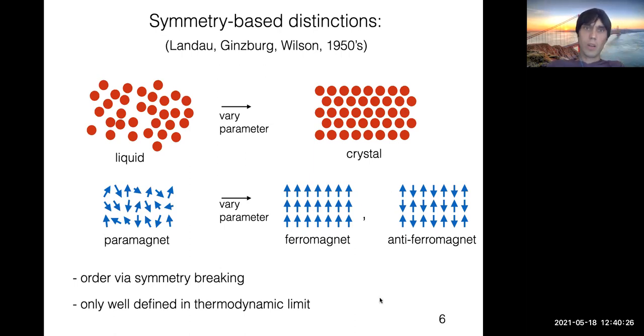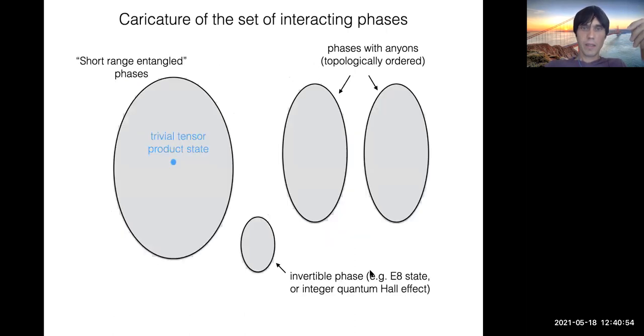So this idea of spontaneous symmetry breaking, classifying phases by the degree of symmetry that they break, was one of the original ideas of classifying phases of matter. It gives an invariant that you can assign to phases: how much of the global symmetry did they break. That's a way of classifying phases.